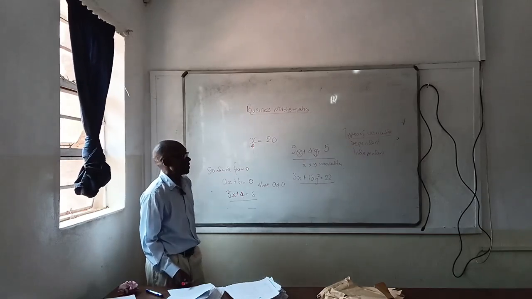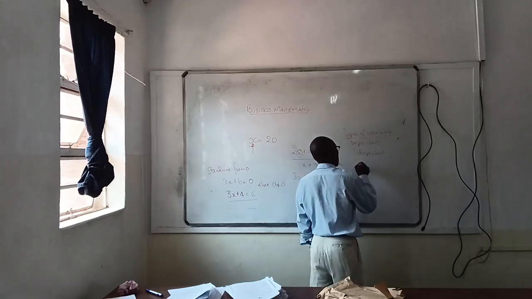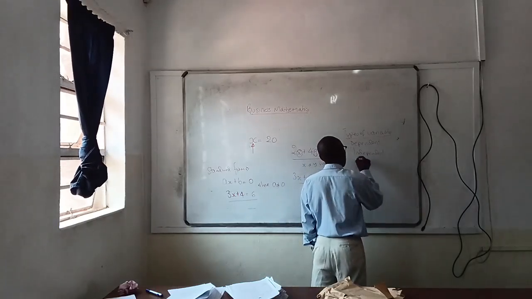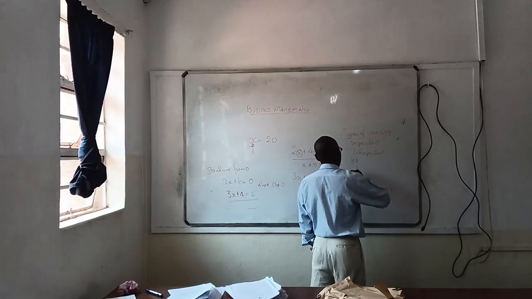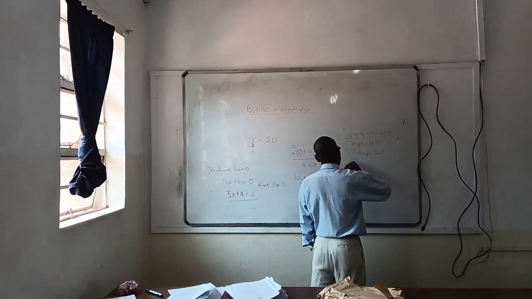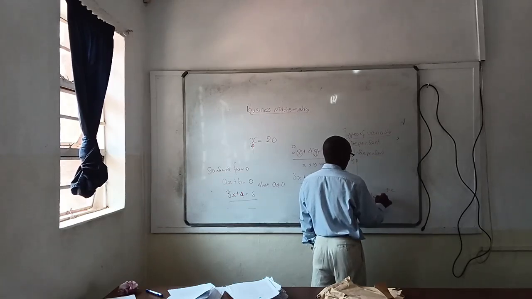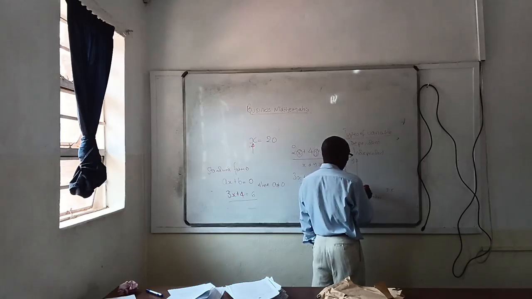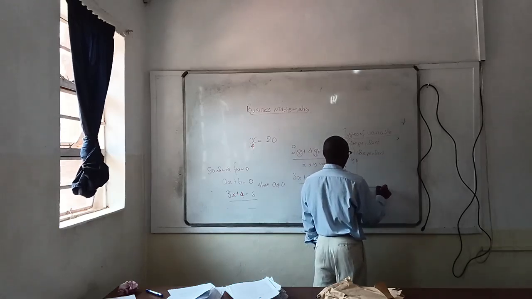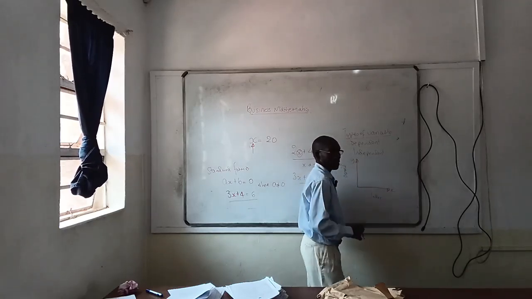In other words, you have something like this: y, x. This is the dependent variable and this is the independent variable. Any change in these variables will affect the change of that.